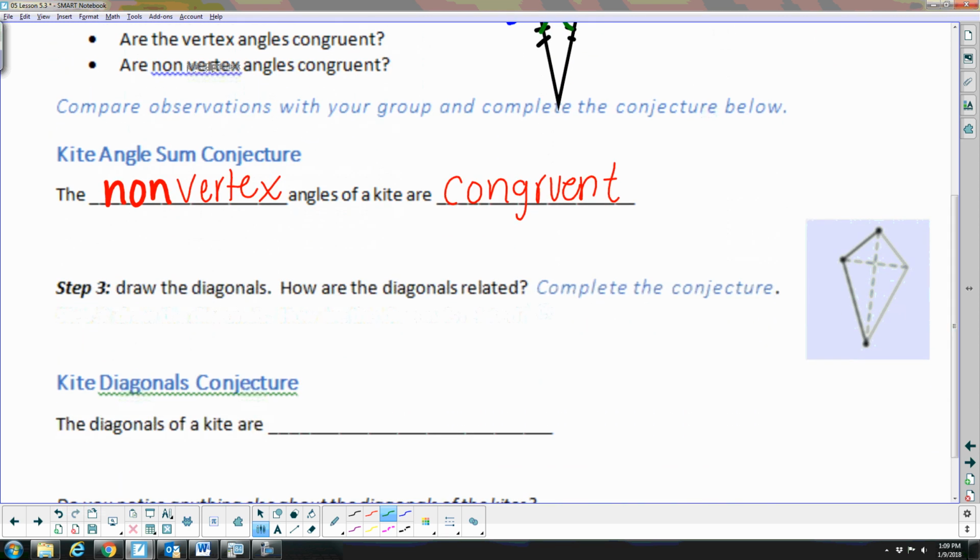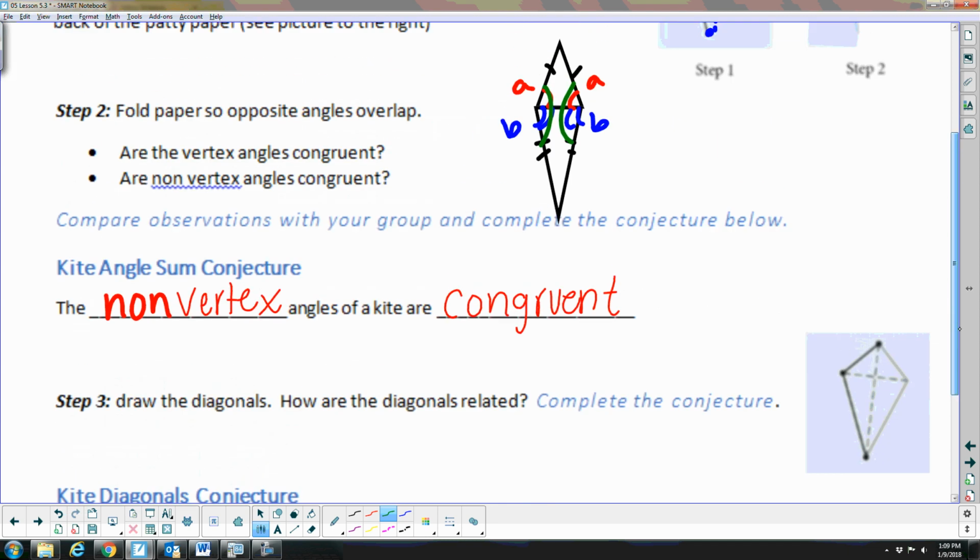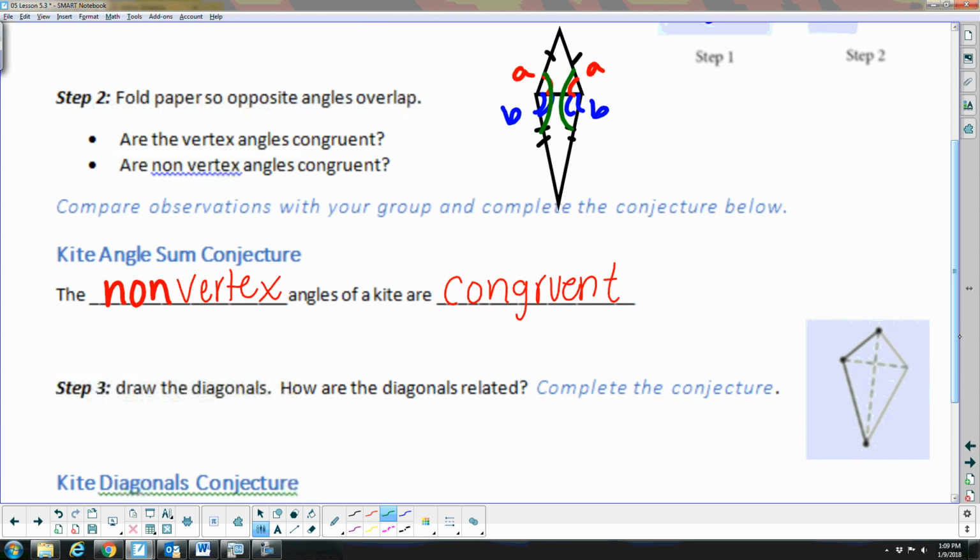So then let's draw the diagonals of our kite. Again, I'm just going to refer to this diagram here that has the two isosceles triangles. I'm going to erase all these congruent markings. One of those diagonals is already there because it's part of the triangle.